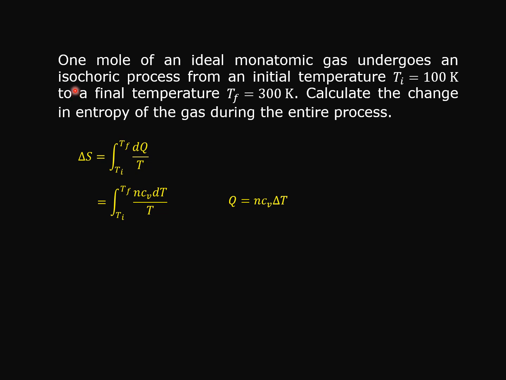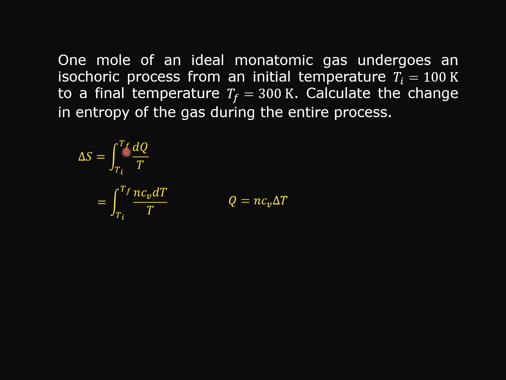For the isochoric process, the heat absorbed by the gas can be calculated by using this formula, where Q equals n Cv delta T. n is the number of moles, Cv is the molar specific heat of the gas at constant volume, and delta T is the change of the temperature.